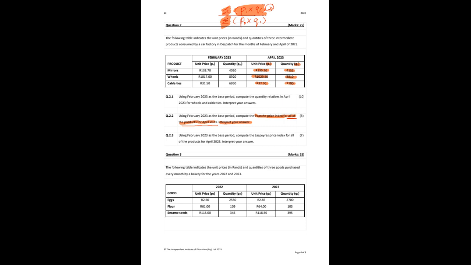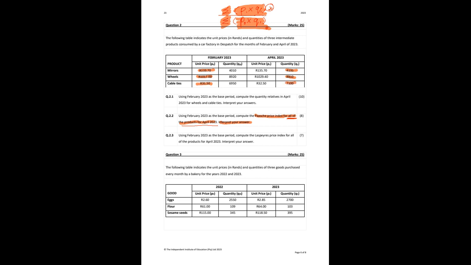So this is P0 times Q1. So here's P0. Let me just erase here. So here's P0 and Q1. And then the next one is that P0 and that Q1 and that P0 and that Q1, and they would divide them individually.